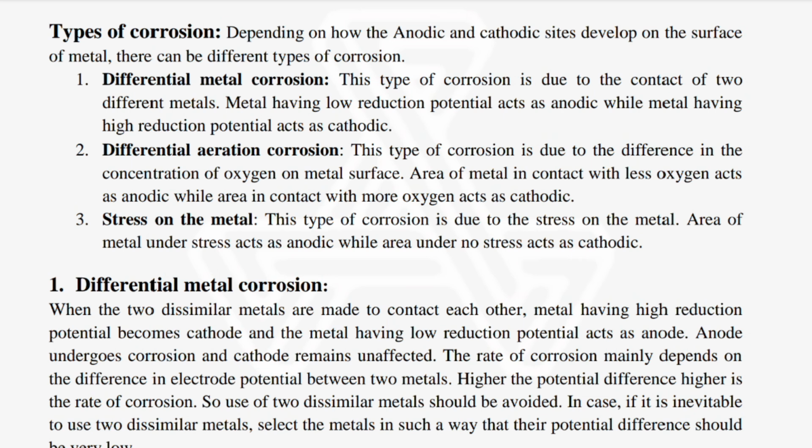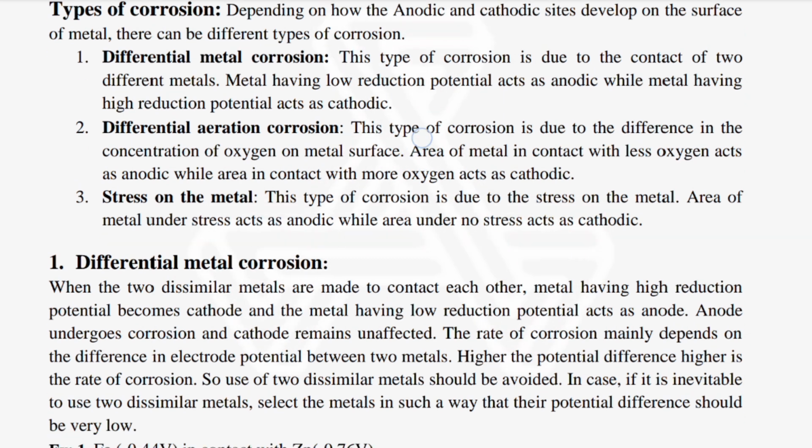Types of corrosion. Depending on how the anodic and cathodic sites develop on the surface of the metal, there can be different types of corrosion. Differential metal corrosion: this type of corrosion is due to the contact of two different metals. The metal having low reduction potential acts as anode, while the metal having high reduction potential acts as cathode.